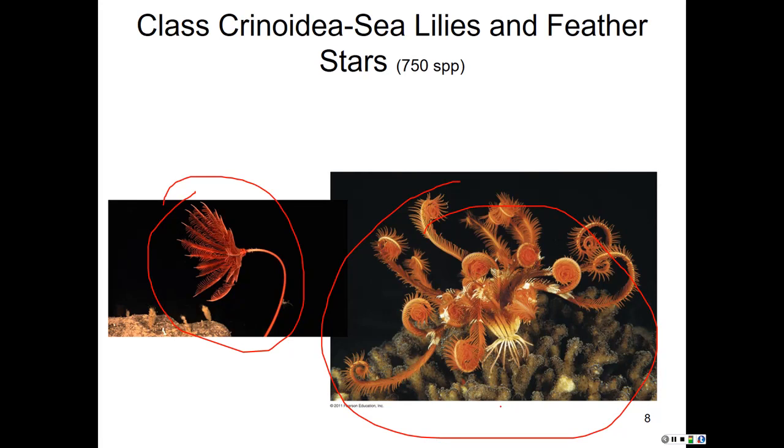They will sort of crawl around with these little flexible extensions here. They are suspension feeders, and they have arms that surround a mouth that's on the dorsal or backside of what you think of as the top of the organism.